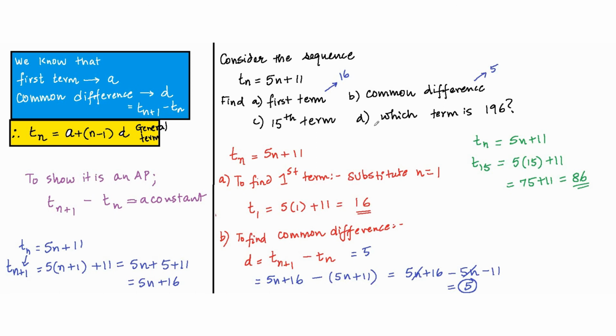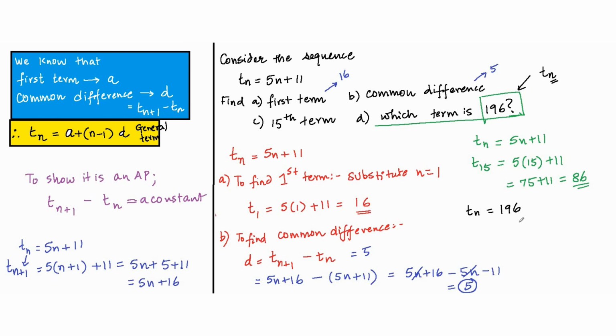Now let's take a look at the D subpart. Which term is 196? That means there is some term in this AP which equals 196. So the nth term is equal to 196. I want to find which term, that is, I want to find the value of n. n represents the position of a particular term, right? So I want to find the position of this particular term, which means Tn is 196.